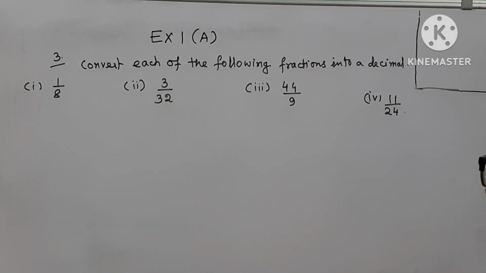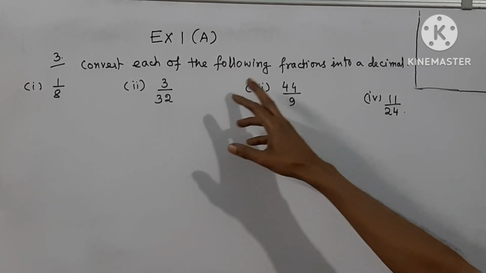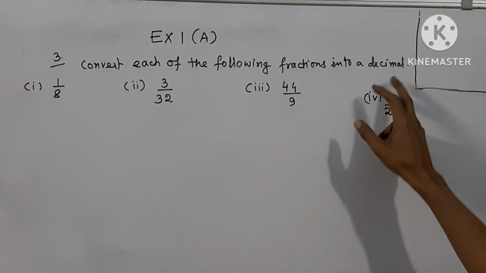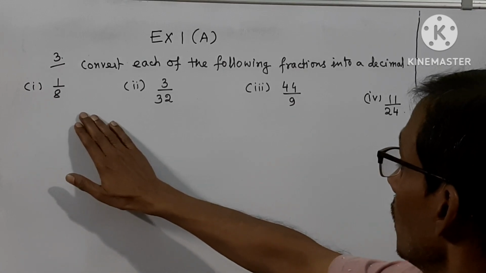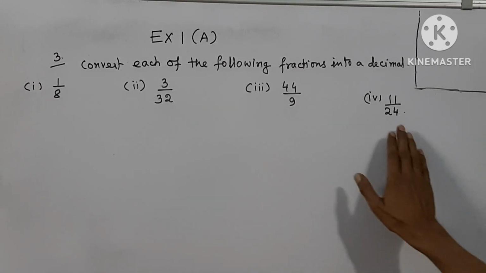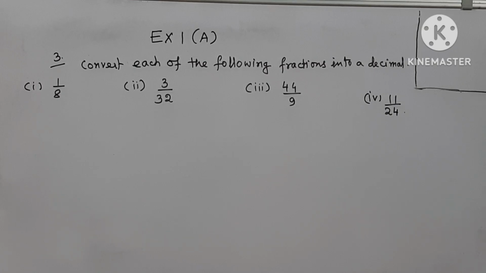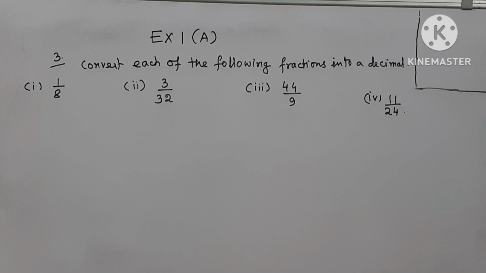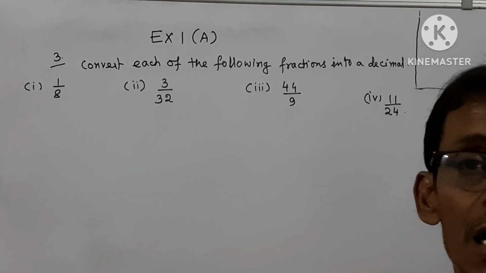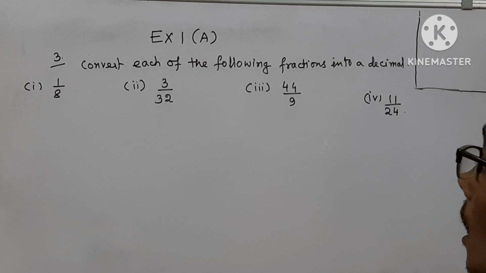Students, number 3, convert each of the following fractions into a decimal. So here all the fractional numbers are there and you have to convert them into decimal numbers. Now you understood that there can be terminating decimal or non-terminating repeated decimal numbers.